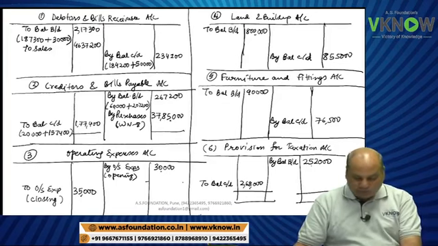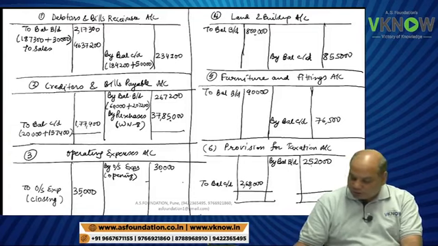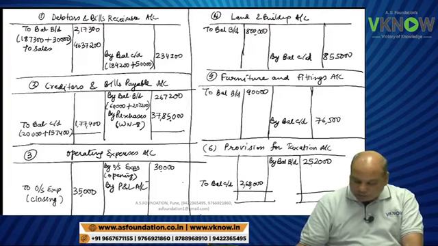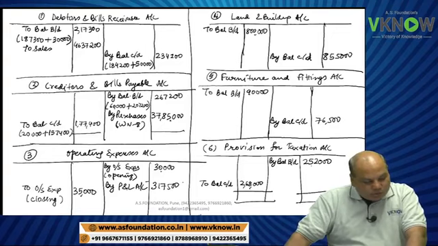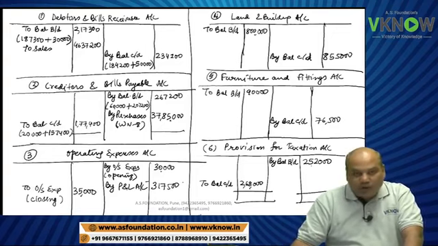Operating expenses, sundry operating expenses: we will come to the credit side of operating expense, by P&L account 3,17,500. Then we'll come to depreciation on land and building, working note 4.